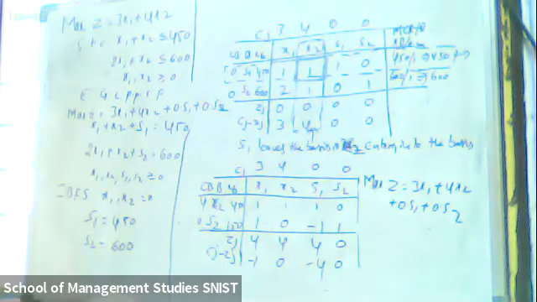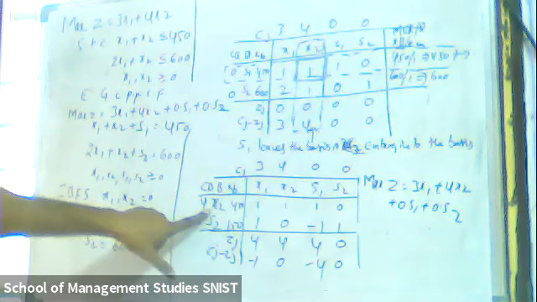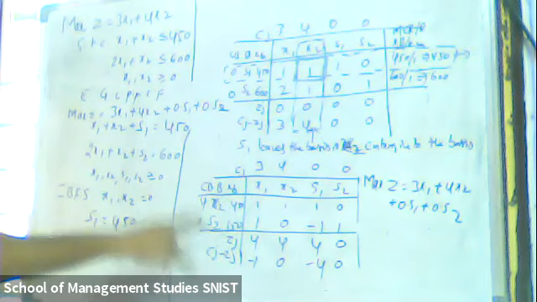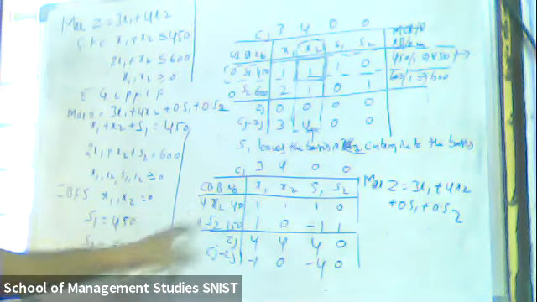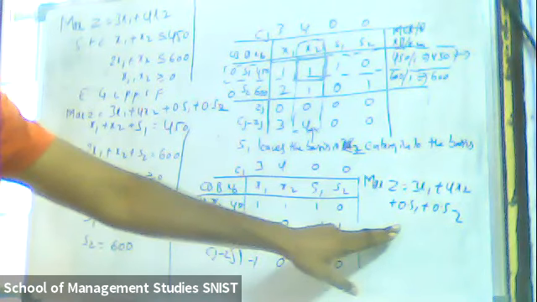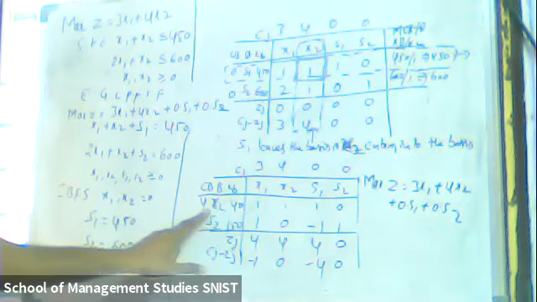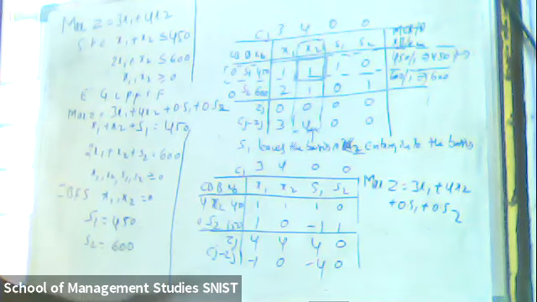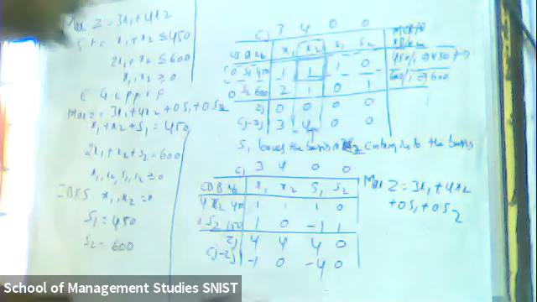Now you need to take the values that entered the basis. We did not get x1 here, so we consider it as 0 itself. Even though x1 did not enter, we still got optimal, so x1 becomes 0.